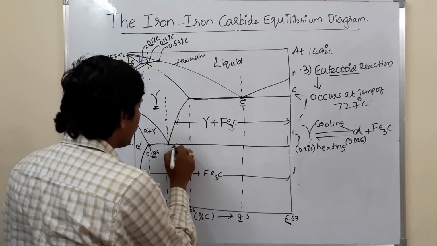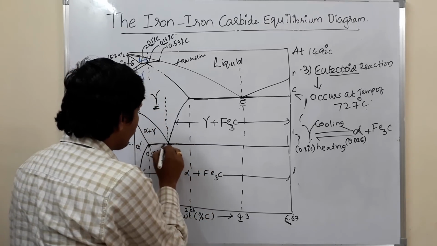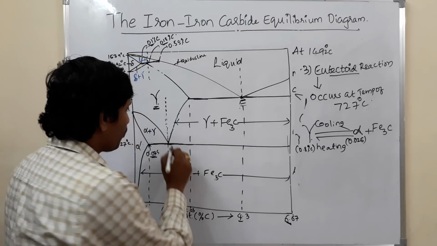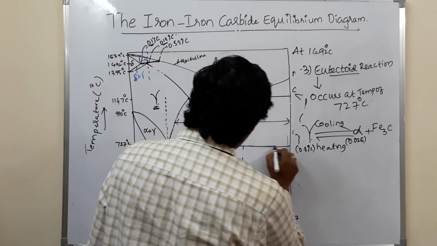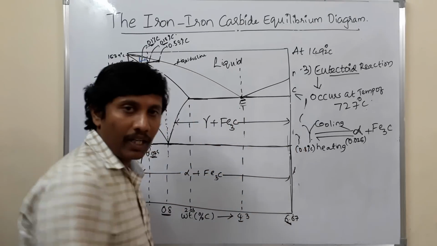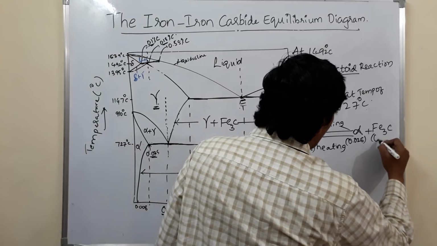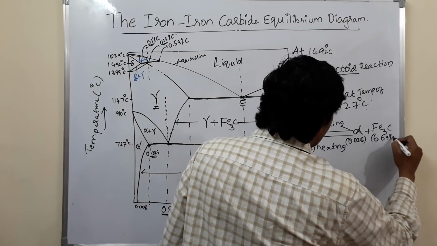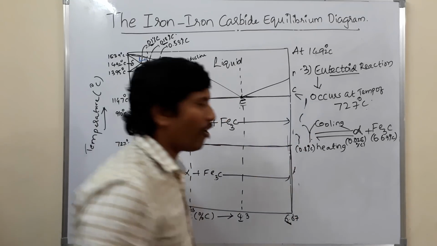Similarly, you draw the tie line, project it to the right side, and drop the vertical. The percentage of carbon here is 6.67.